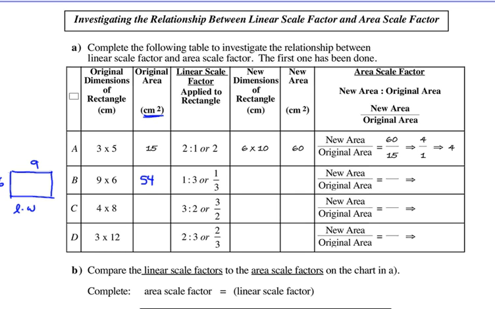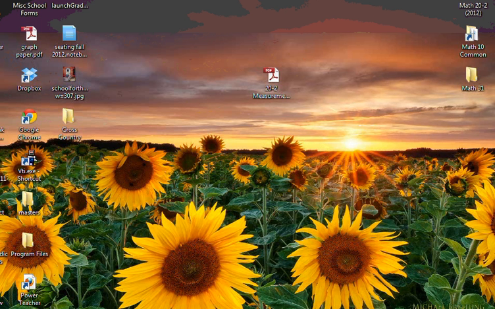Now our scale factor is 1 to 3. So remember, as a fraction, we take our new divided by original, so 1/3. And this is a linear scale factor, so that means it's affecting each dimension individually. So how do we get our new dimensions? Well, grab your calculator. We want to take our original dimension and times it by our linear scale factor.